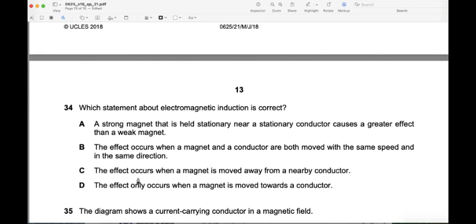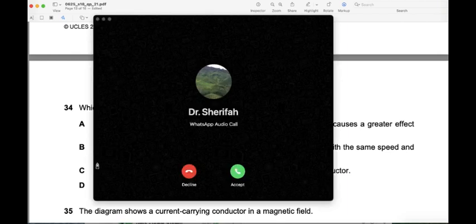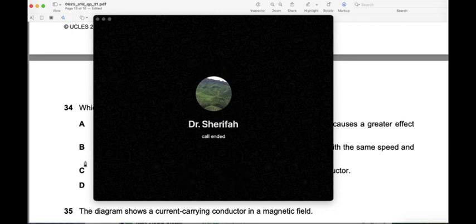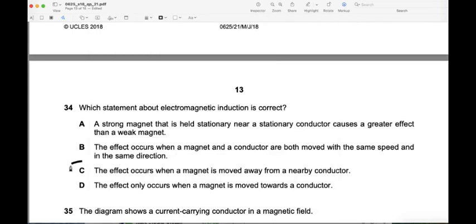D would have been almost like C, but it says only. It's when either you move it towards a conductor or you move it away from a conductor that the effect happens. So it's C.